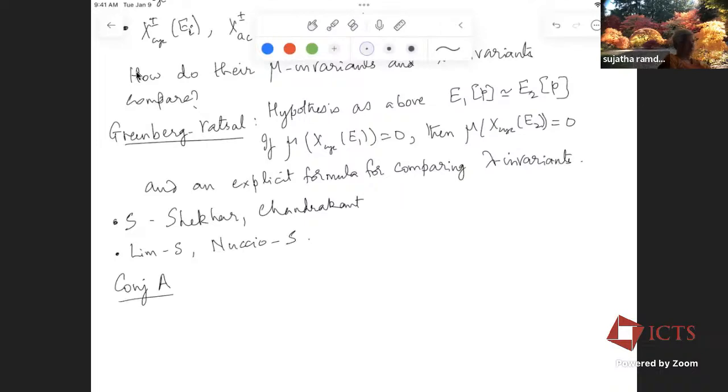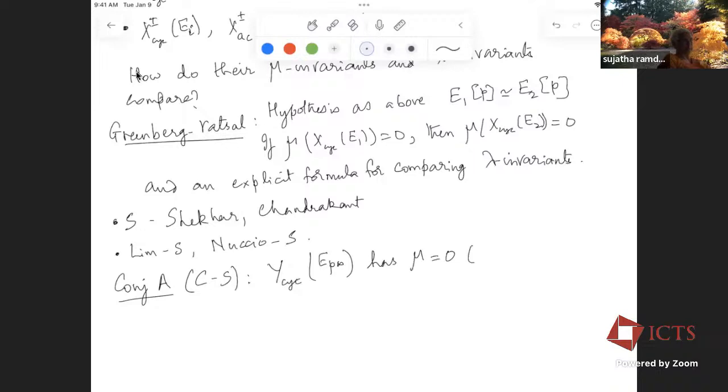Conjecture A. This was a conjecture made along with John Coates, sometime early this century, around 2000. And the conjecture is that the fine Selmer group, Y cyclotomic of E[p^∞], has mu invariant 0.